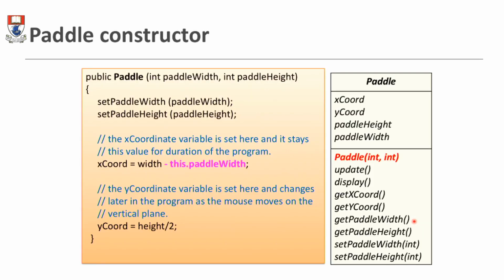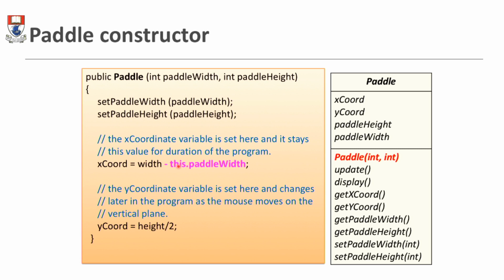So we're going to be using that then in our various methods. Here's the paddle constructor that's called when you create a new paddle. We're saying set the X coordinate of the paddle to be the width minus this dot paddle width. In other words, it's the width of the screen minus the width of the paddle that we're trying to draw.